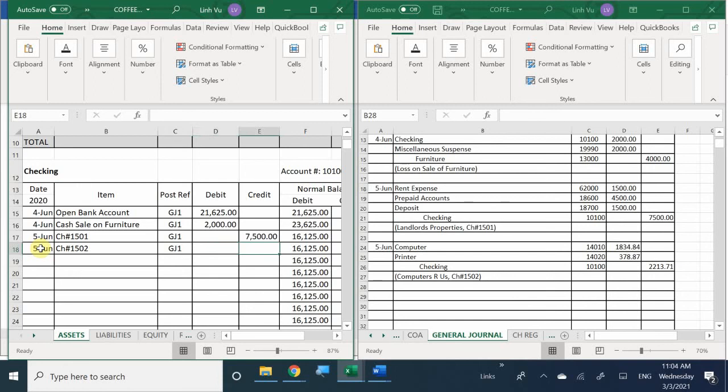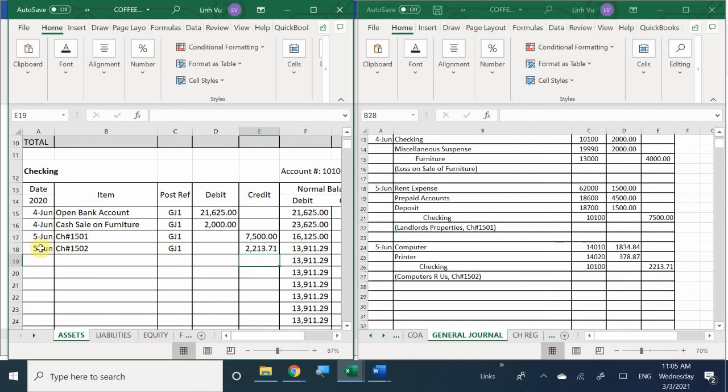I spent money, so I'm decreasing my assets, by $2,213.71. And that should automatically update to $13,911.29. All right, so I'm spending my money like crazy in the first couple of days.